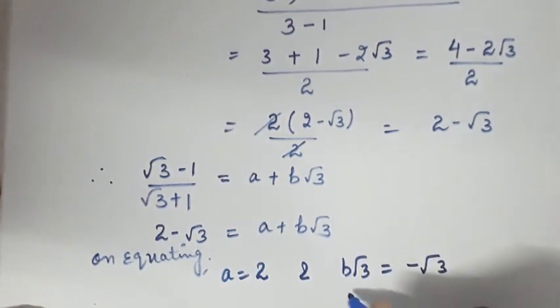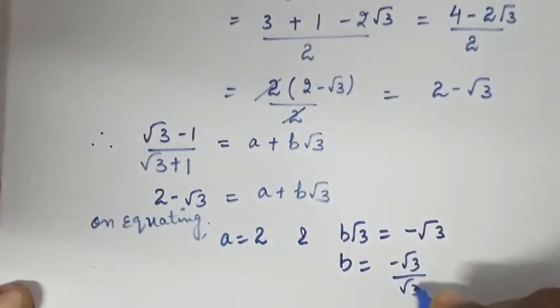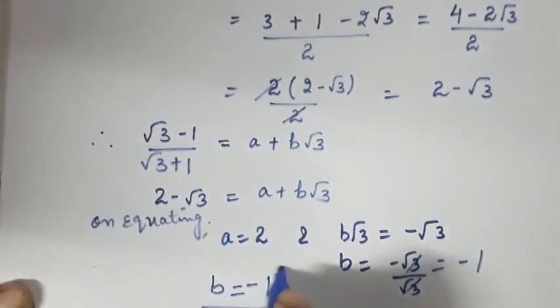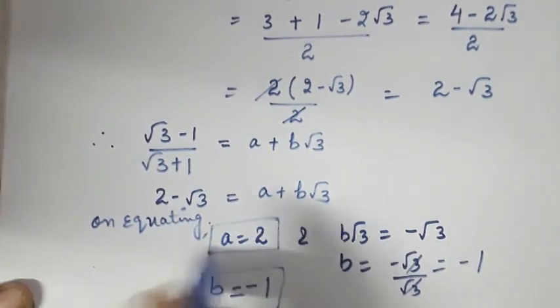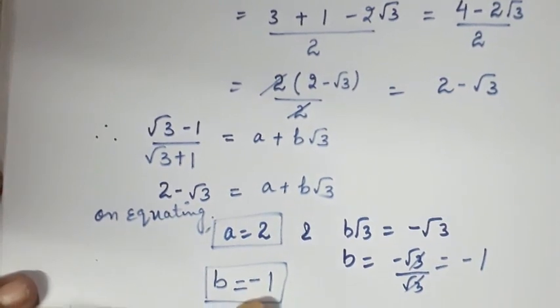So here I could get the value of b, that is minus root 3 upon root 3 is equal to minus 1. So the value of b will be minus 1. So from here I can conclude that a is equal to 2 and b is equal to minus 1.